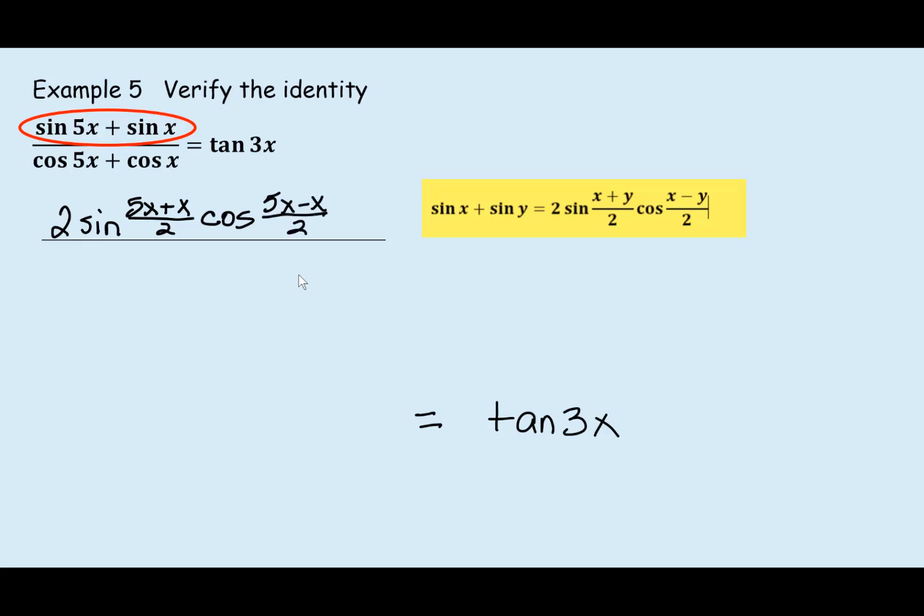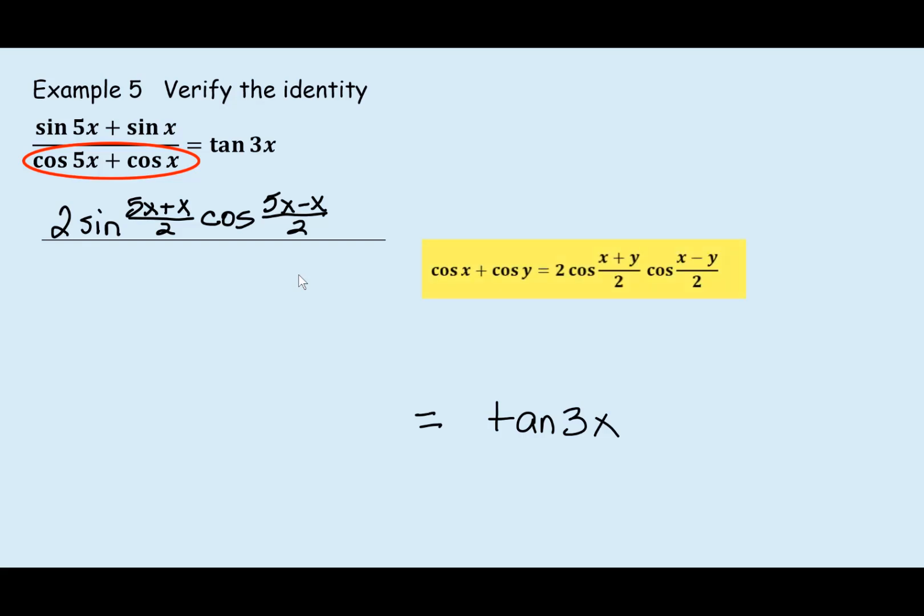And now in the denominator, we're going to do cosine 5x plus cosine x. So we're going to have to use the sum to product formula for cosine, which looks like this. So we're going to have 2 cosine of (5x plus x) over 2, cosine of (5x minus x) over 2.